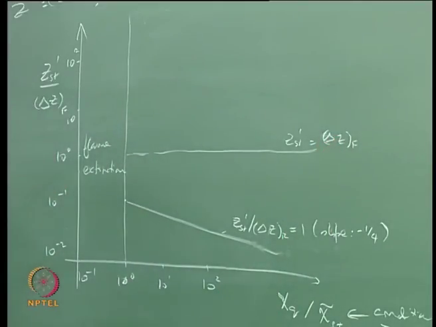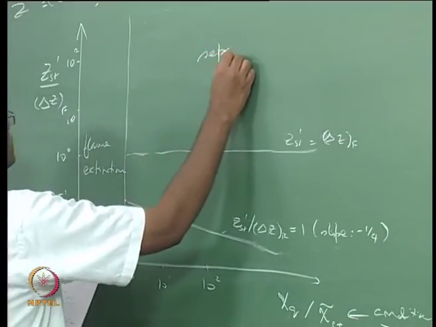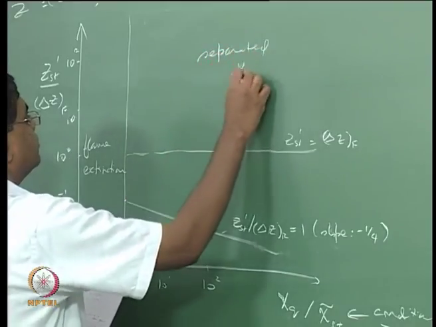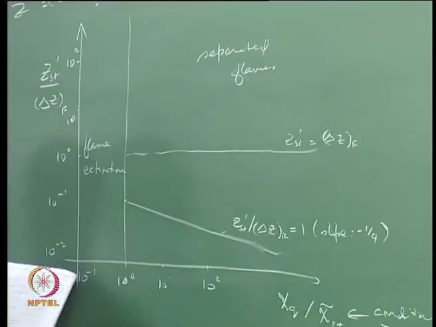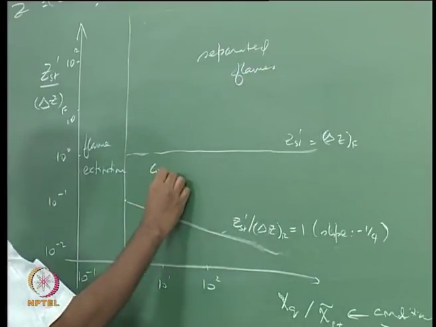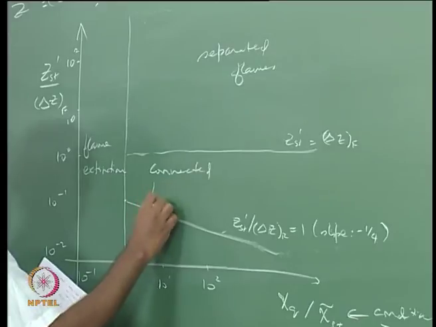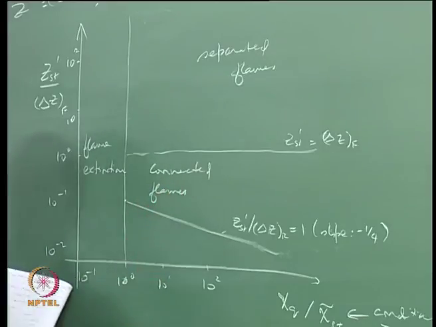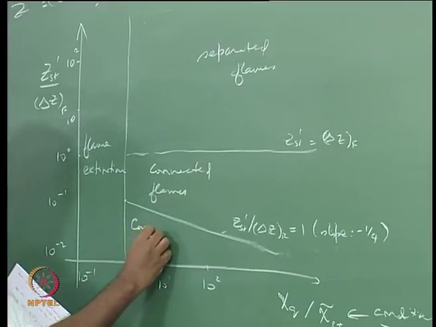So that now breaks things up into 4 parts. One is flame extinction, then we have what's called separated flames, connected flames, and connected reaction zones.